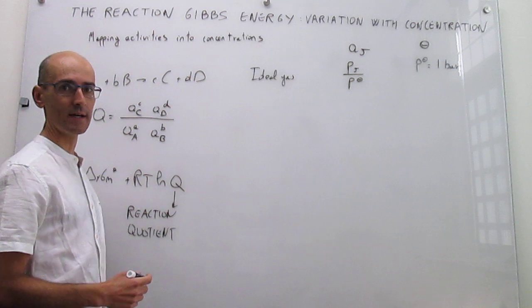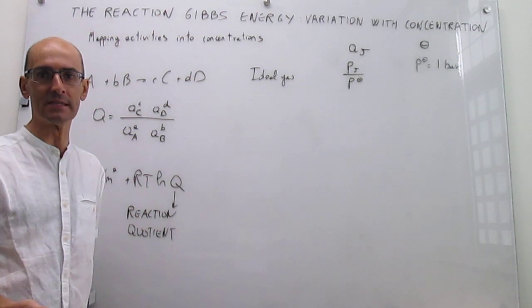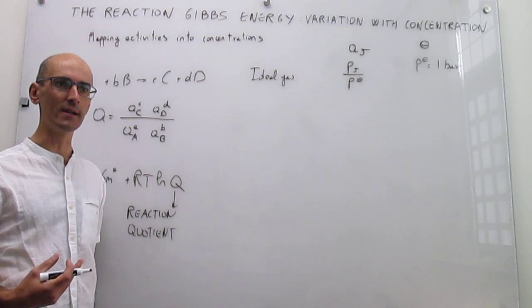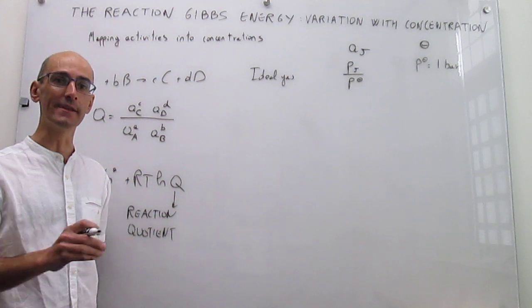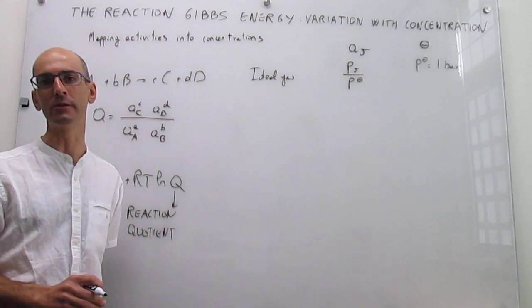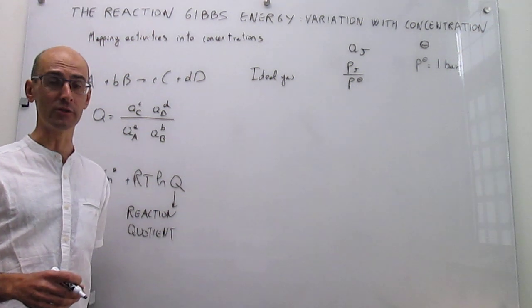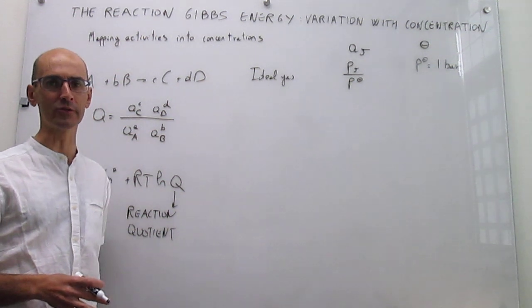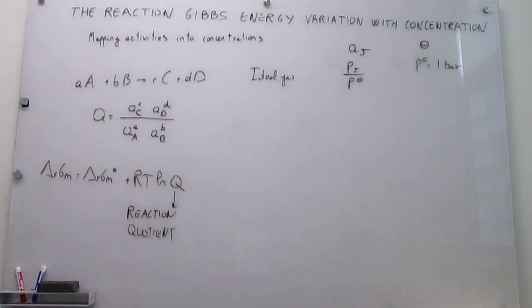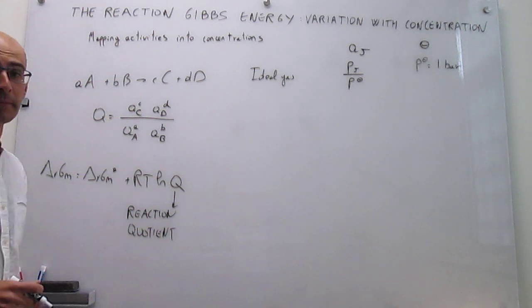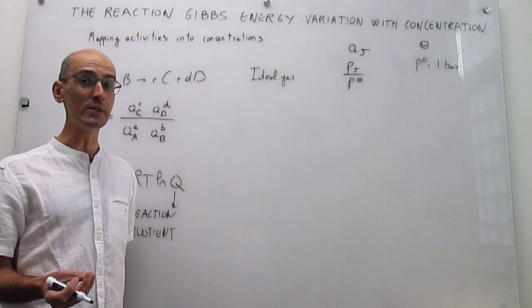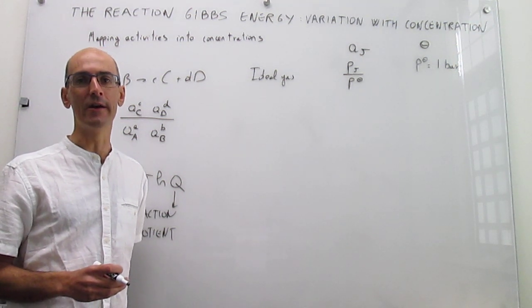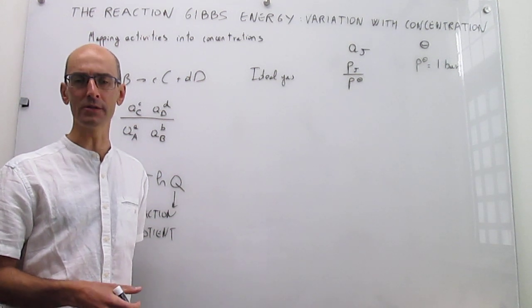Let's now look at solutes in ideal solutions, and this is going to be every time that you want to do a problem with solution. You're going to be looking at reagent or product species that are dissolved into a solvent, so they're going to be solutes, and generally they're going to be at low concentrations. So that means that you can generally apply the ideal solute equations. Again, when you think about chemistry in solution, the chemistry generally always takes place between solutes that are dissolved into a solvent at low concentrations.